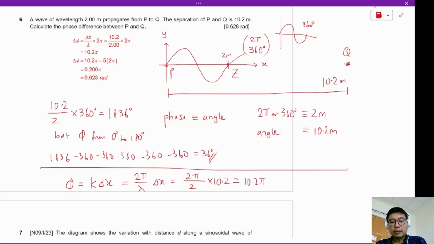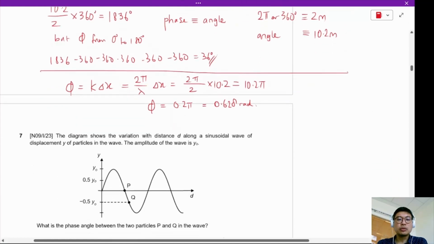Now we need to subtract the 2 pi's. Since the phase must be between 0 and pi, if we keep subtracting 2 pi all the way, you end up with 0.2 pi, which is equal to 0.628 radians. So that's how you do question number 6.